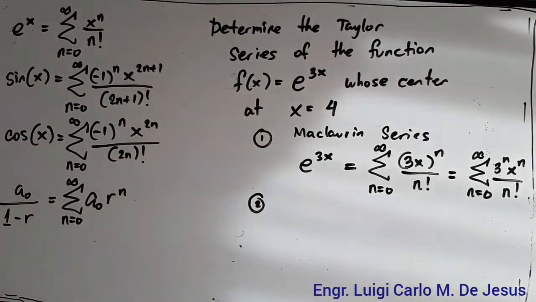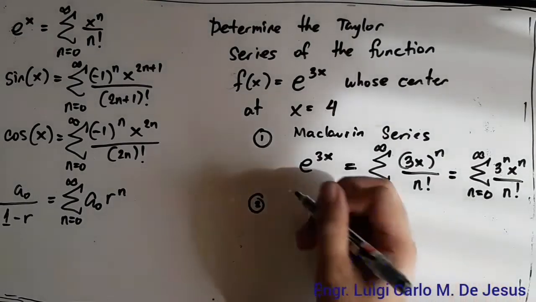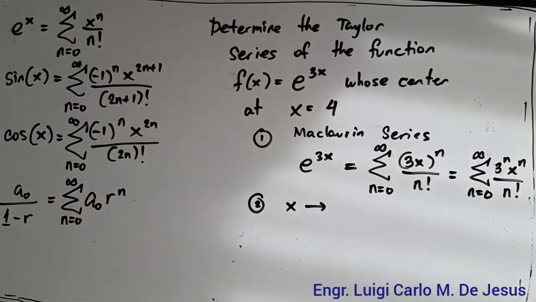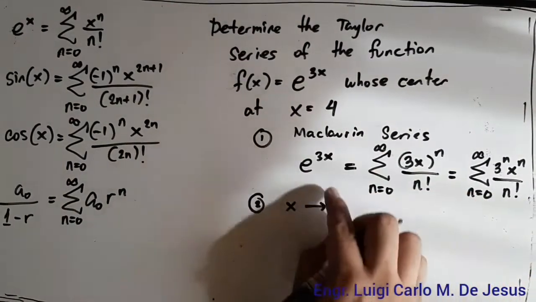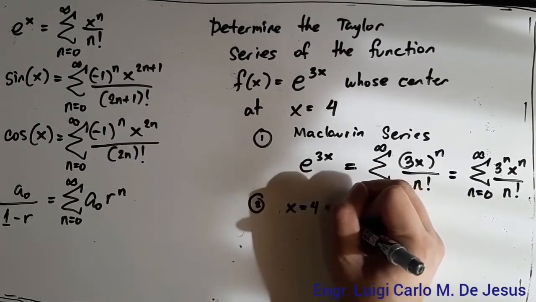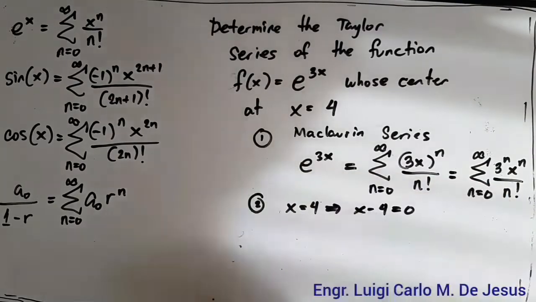Step number 2. All x must be shifted to what? If we equate the center x equal to 4 to 0, this will become x minus 4 equal to 0. In other words, we must equate the center to 0.